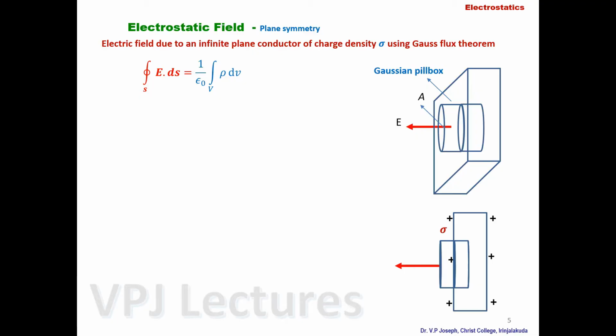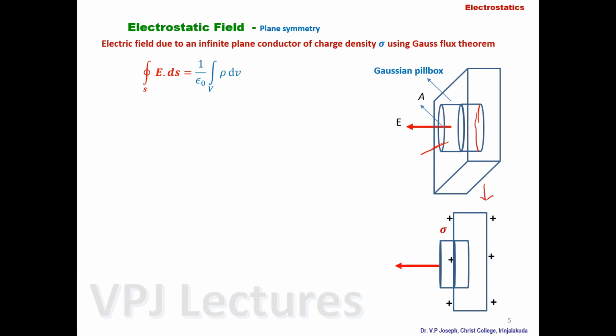So this figure shows a small portion of the Gaussian surface is inside and the other portion is outside. So this portion is outside and here this is inside.